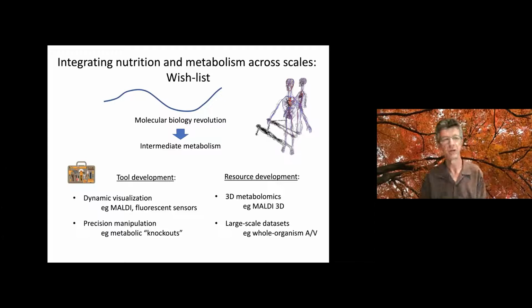I think I'm a minute or so over time, but I think we can leverage the amazing impact that these precision tools had for the molecular biology revolution, and see if we can design similar precision tools and imaging technologies to do the same thing in intermediate metabolism. And I think that would really allow us to accelerate what we're already doing. I'll stop there.